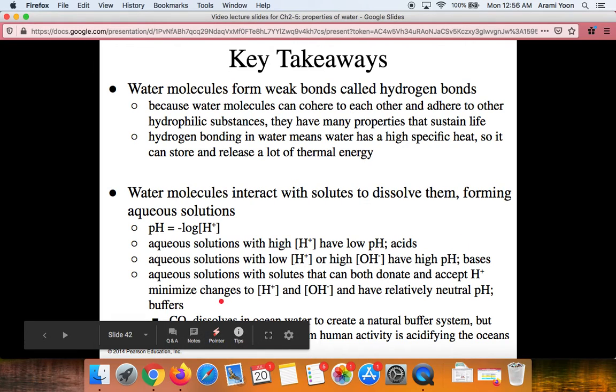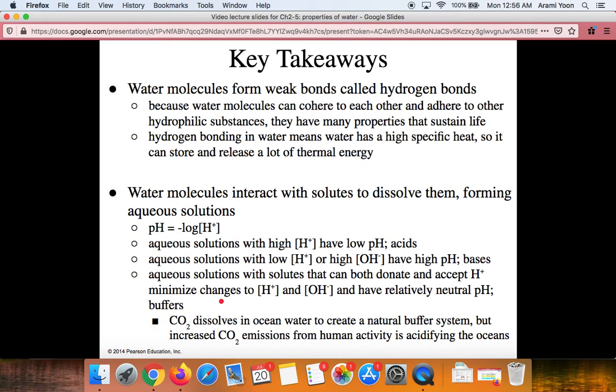And if aqueous solutions have solutes that can both donate and accept hydrogen ions, then they're going to minimize changes to hydrogen and hydroxide ion concentrations. So they have a relatively neutral pH, and we call those buffers. But you should remember that carbon dioxide dissolves in ocean water to create a natural buffer system, but because of increased carbon dioxide emissions from human activity, we're acidifying our oceans, and that's destroying the ocean's natural buffer system.